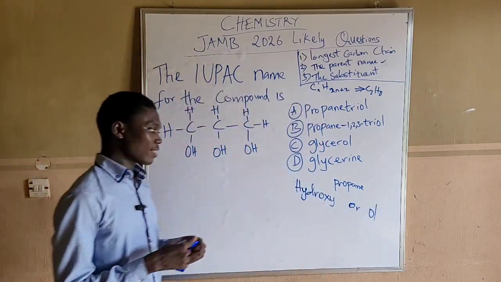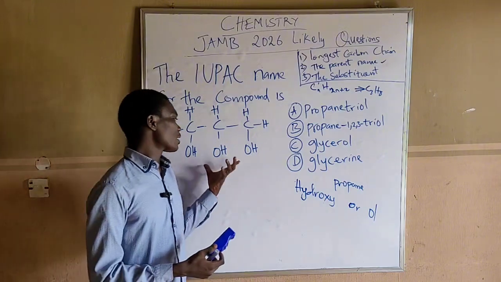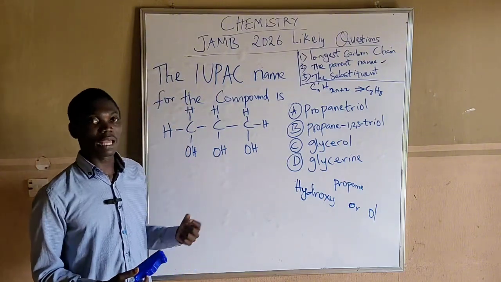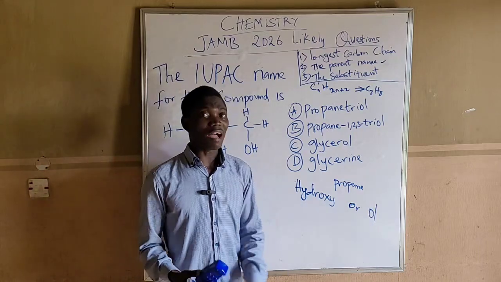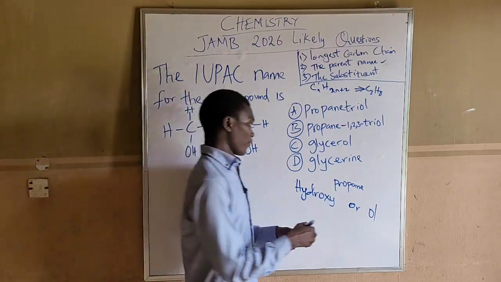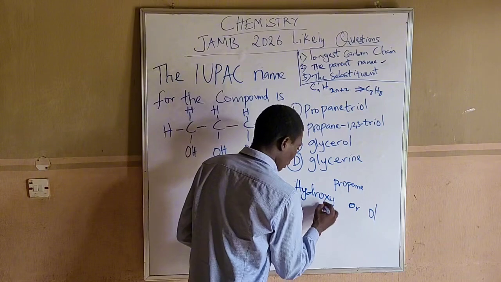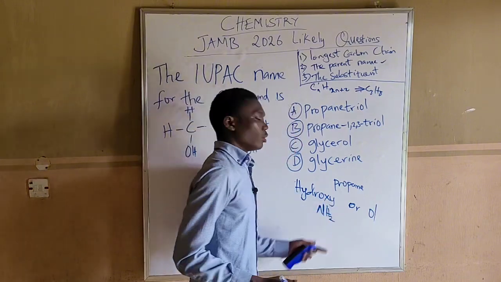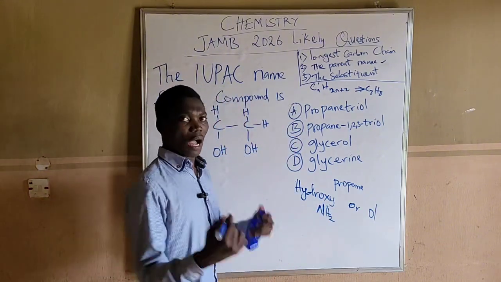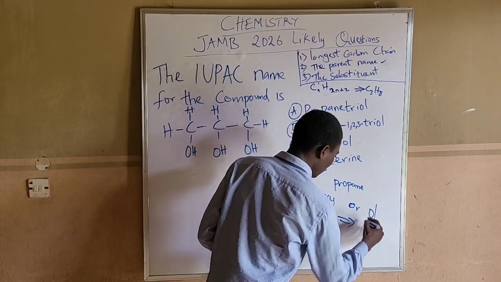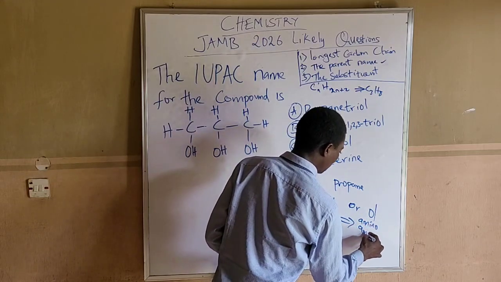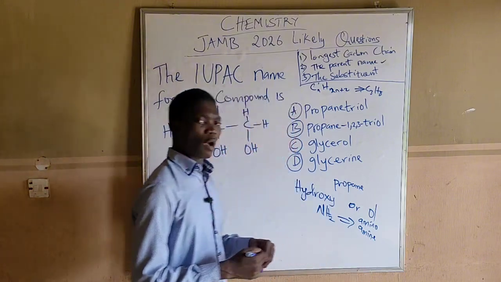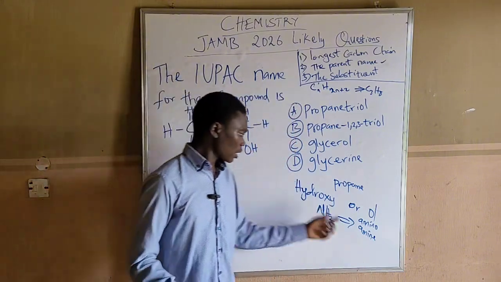What matters is, take note, have you ever observed that at times if you see a compound like this with NH2, you can call it amino or amine? You can call it either amino or amine. Have you ever asked yourself why?